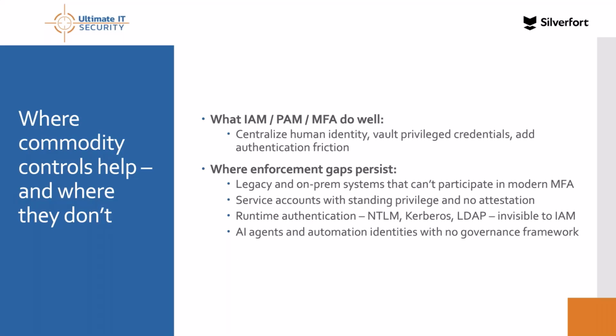And the thing to think about here is that the coverage we get with the commodity solutions, like the ones I've named up at the very top, identity access management, PAM, MFA, and others that are helping control and uncover identity, doesn't necessarily provide control across the board.